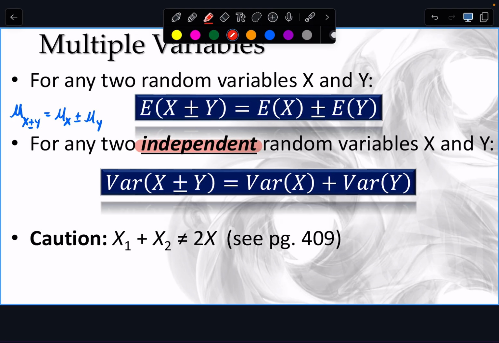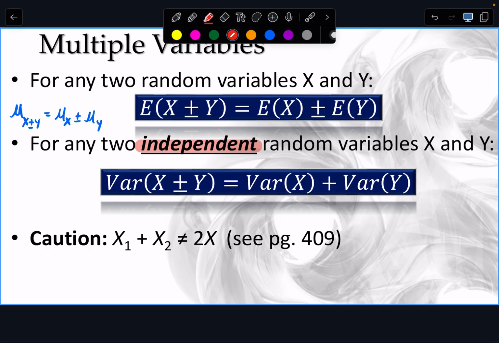The means will combine no matter what. If I have two variables that I want to add or I have two variables that I want to subtract, I can combine the means no problem no matter what. But if I want to combine standard deviations, the variables themselves must be independent from one another. So one cannot affect the other.